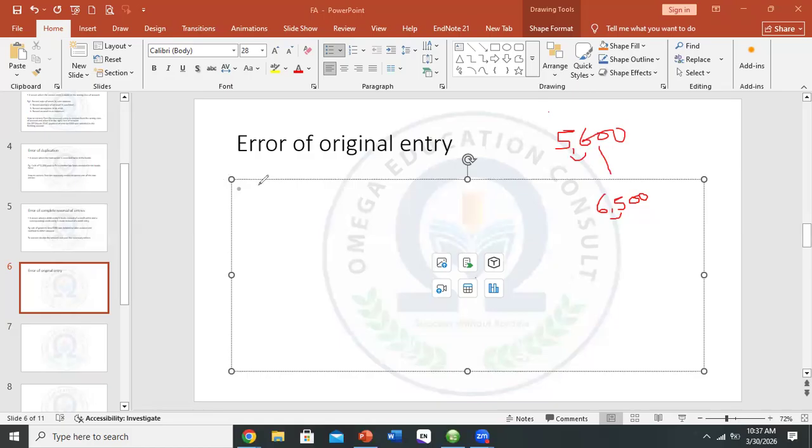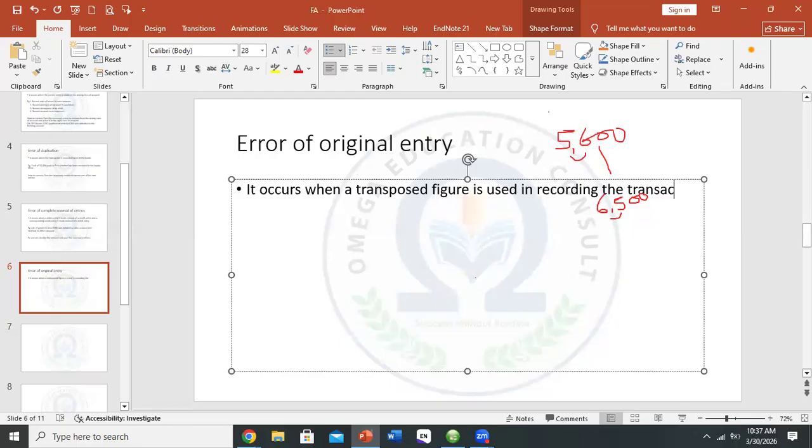It occurs when a transposed figure is used in recording the transaction in the books of account.